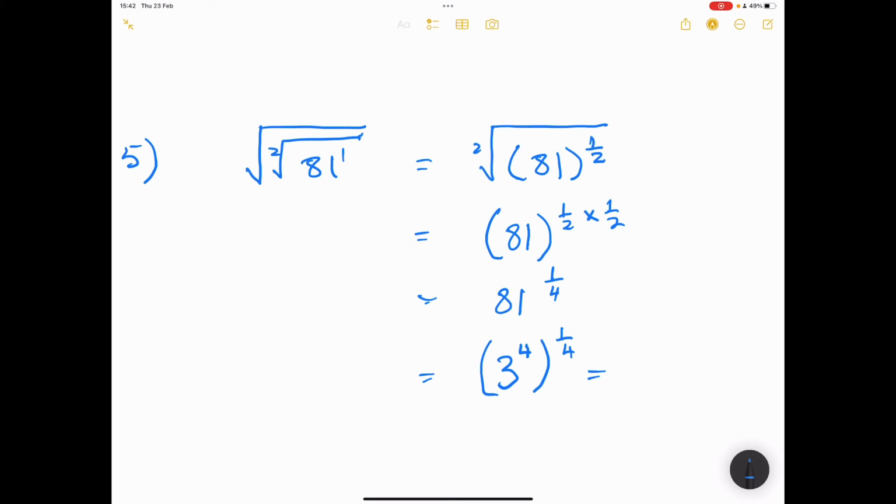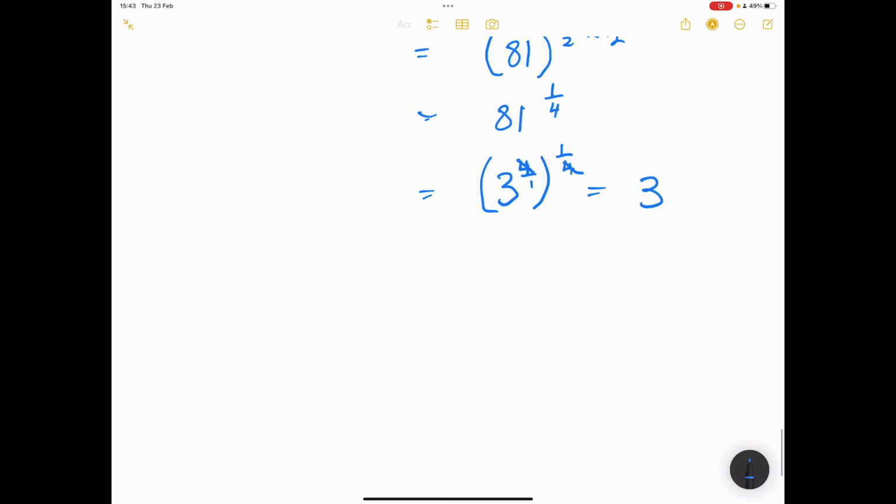That cancels with that, because it's 4 over 1 times 1 over 4, and that simply gives us 3. I hope that makes sense, ladies and gents. So please remember, here I've got the square root of another square root, so both roots simply multiply each other.